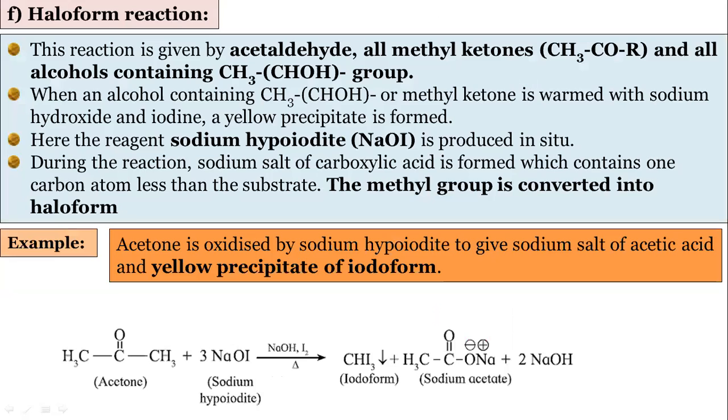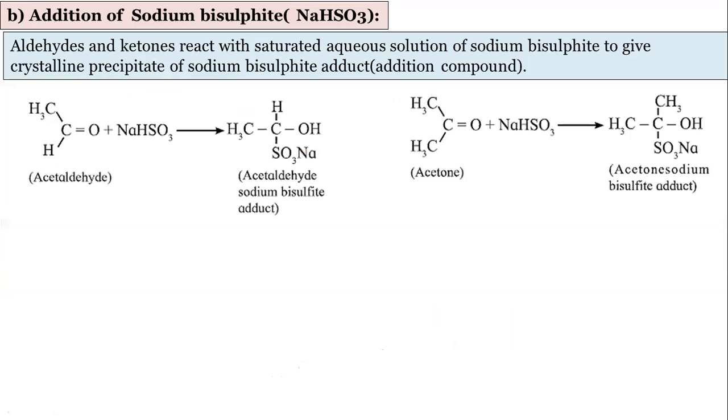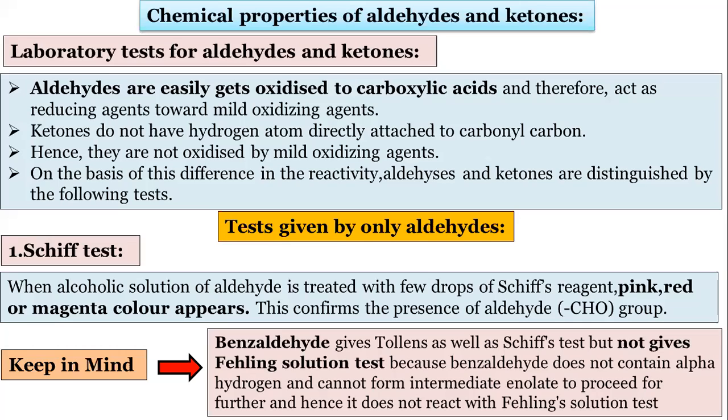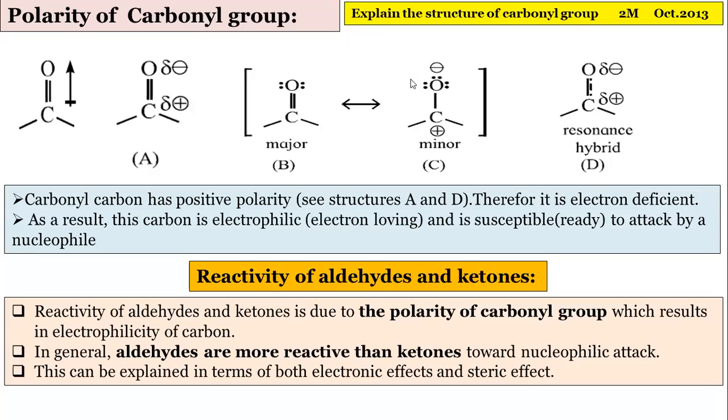So again, I am coming to the chapter aldehydes, ketones and carboxylic acids. I think yesterday the methods of preparation of aldehydes and ketones were explained. In this chapter, many named reactions are there. For example, Stephen reaction is asked for 2 marks.